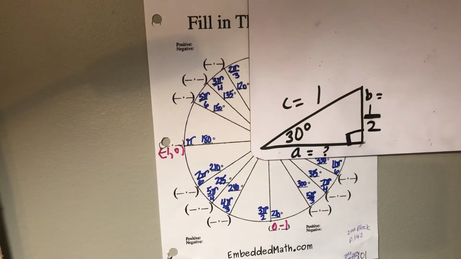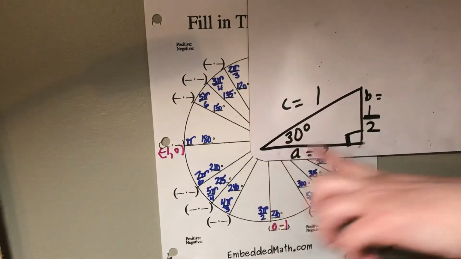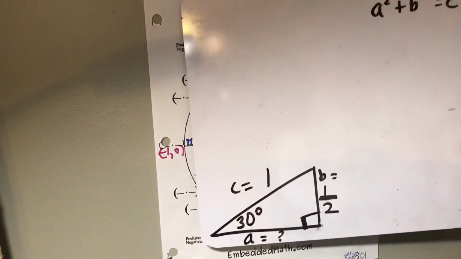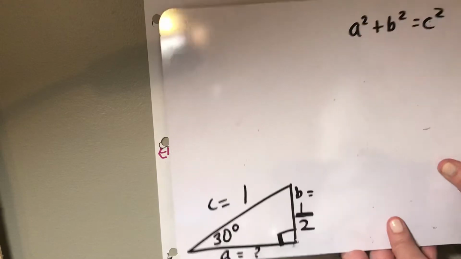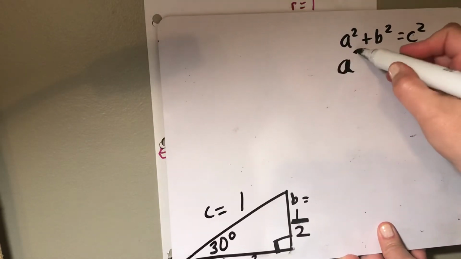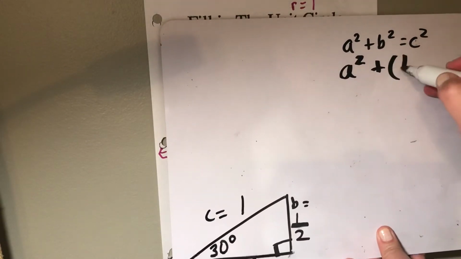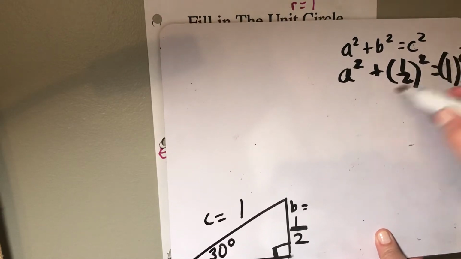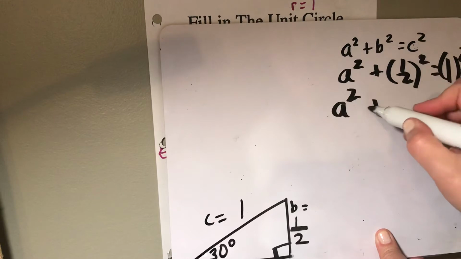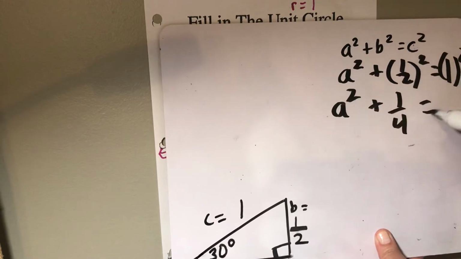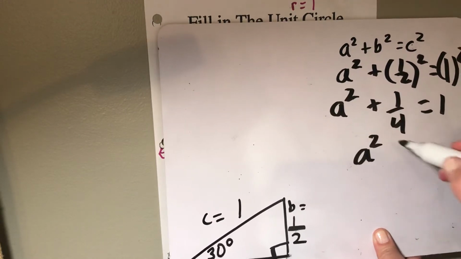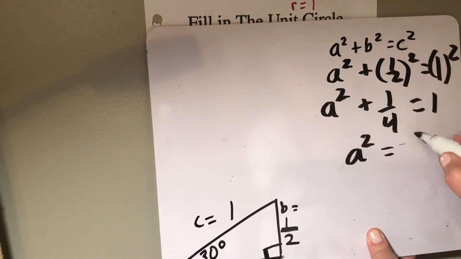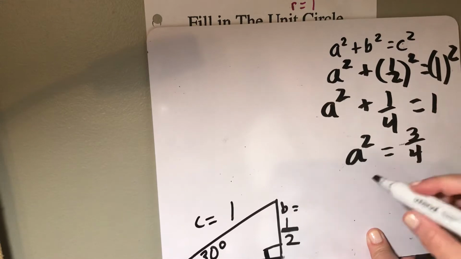So I don't know this leg of that triangle. The Pythagorean theorem can help me figure out how long that is. So a squared plus b squared equals c squared. If you square 1/2, you get 1/4. If you square 1, you get 1. If I move this over, 1 minus a fourth is 3/4.